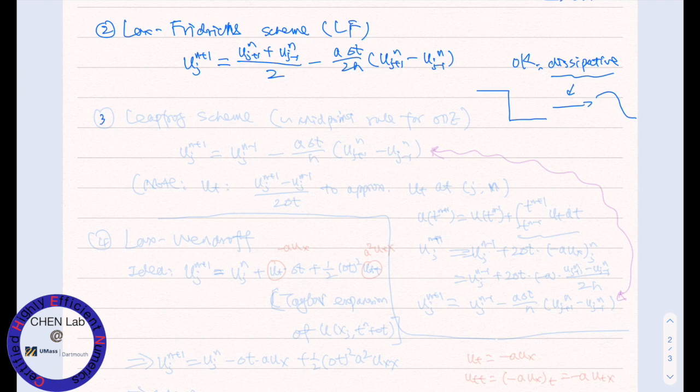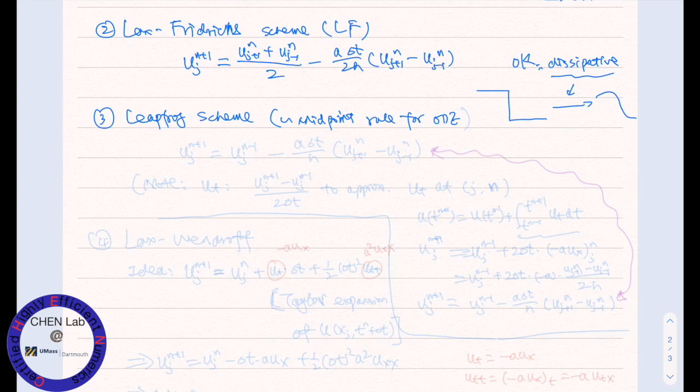Again, we're going to postpone the analysis. The next is the so-called leapfrog scheme. Basically you use a midpoint rule for the ODE. Remember, the ODE was integrating from t_n to t_{n+1}.